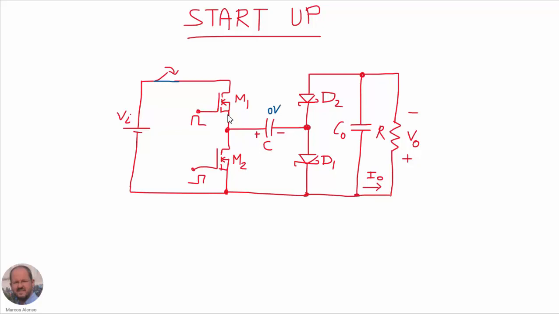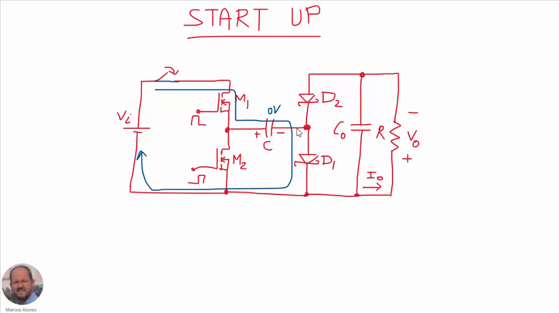So when we close switch M1, we are going to have a current circulating like this, which is only limited by the series resistance of the switch, the series resistance of the capacitor, the series resistance of the diode, and even the series resistance of the battery itself. So this series resistance is very small, as we know, so the current is going to be very big.